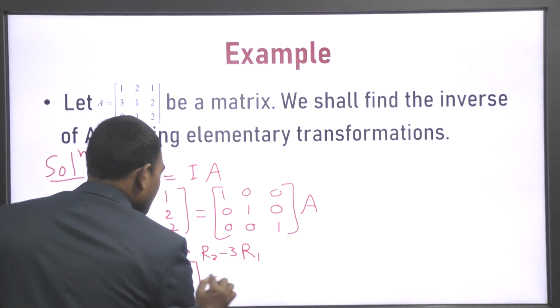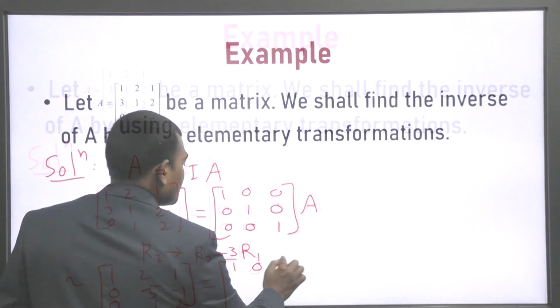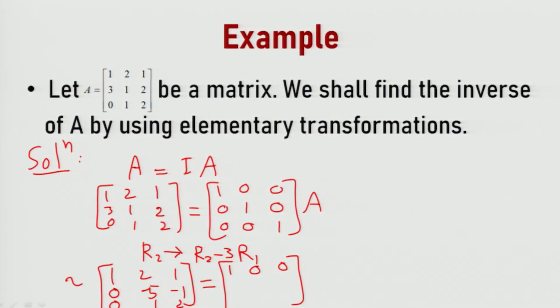The same transformation will be applied on the right: the first row will not change, but the second will change, minus 3 1 0, and the third is 0 0 1, into A.